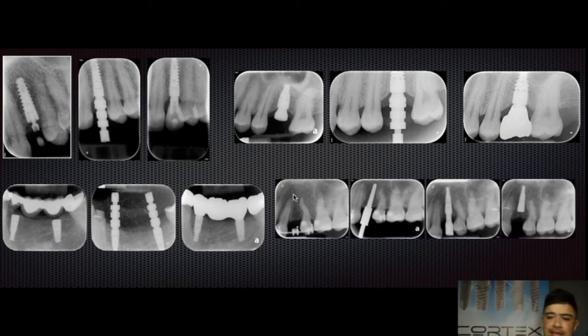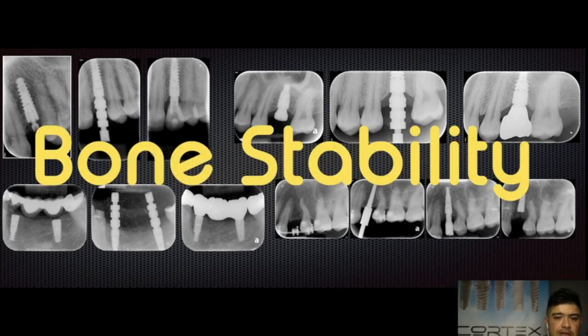Also in this case, you can see that the bone grows over the connection, that's because you use a subcrestal protocol when you insert the implant, and the connection is also very stable. So with this type of implant, you look for bone stability and you will get it.